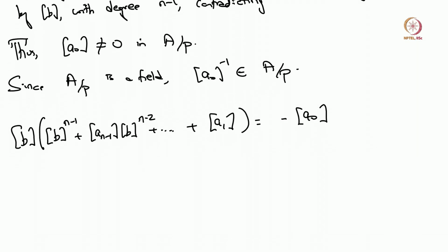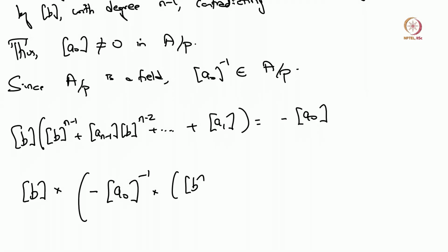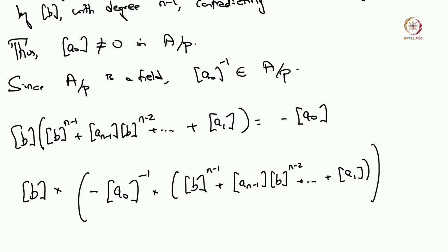And since I can multiply by the inverse of a naught, what I get is bracket b multiplied by minus bracket a naught inverse times this expression out here, that equals 1.